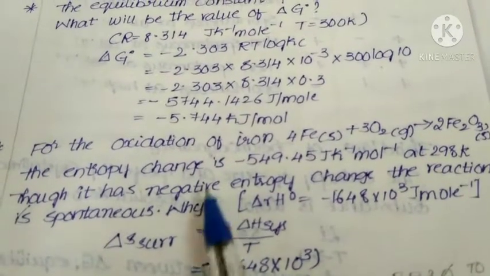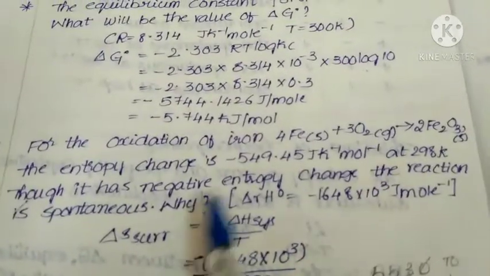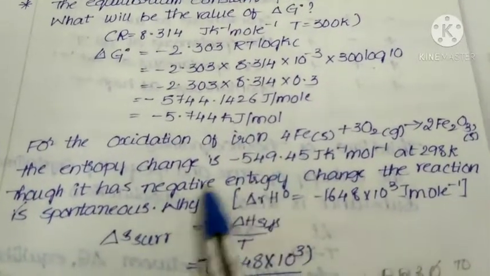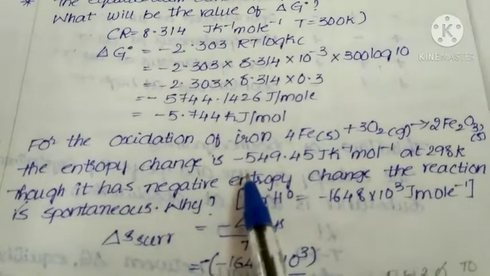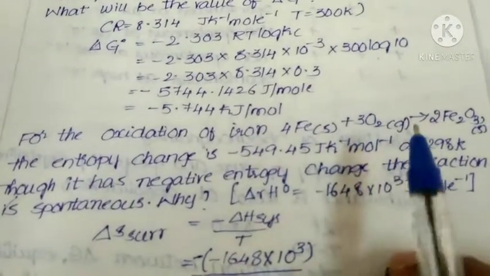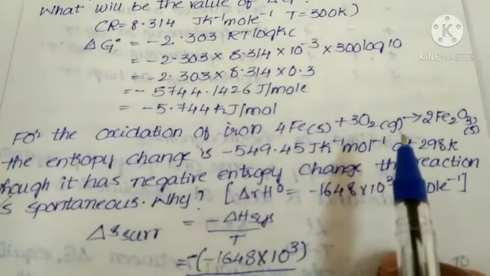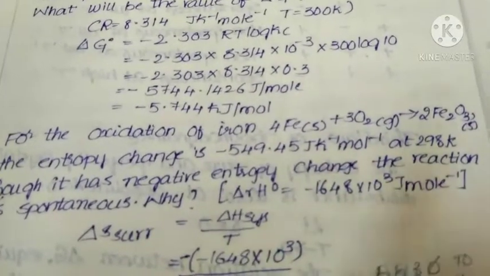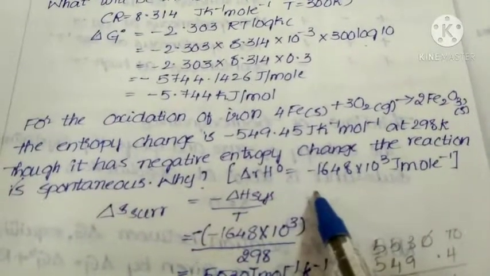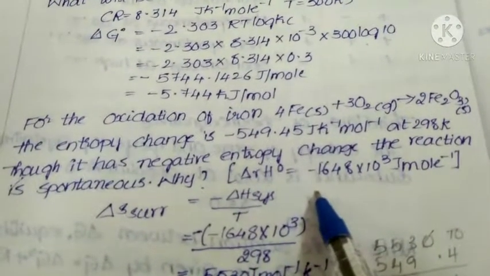What is the meaning of the question? One reaction is given, and the entropy change is also given. Even though it is a negative value, why is it spontaneous? That means we should show that the reaction is spontaneous. What is the condition for spontaneous? Delta G should be negative. Delta H is already given in the question itself, so there is no need to find the delta H value.